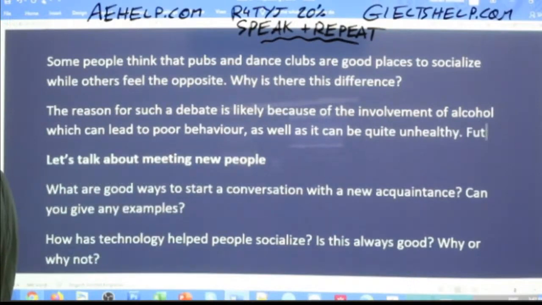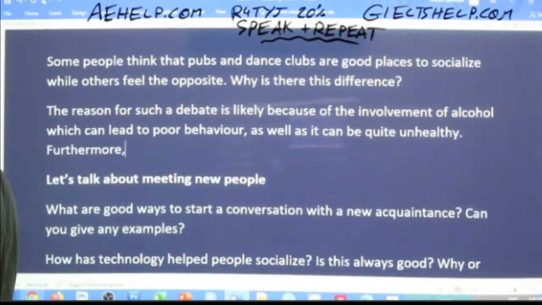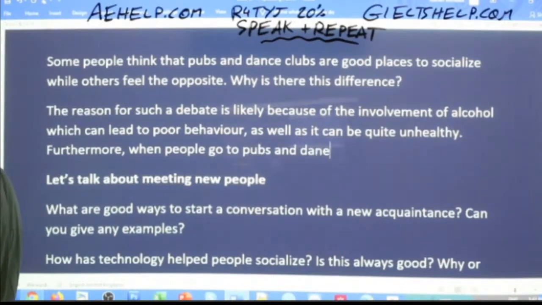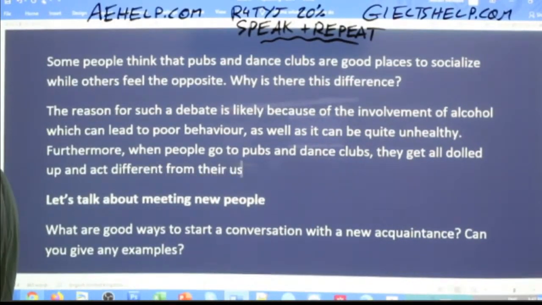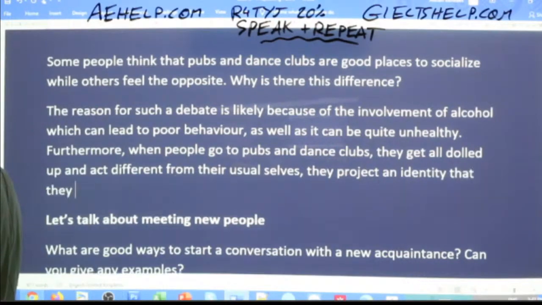Furthermore, and this was very clever, I can't remember who said it, but it was really clever. Furthermore, when people go to pubs and dance clubs, they get all dolled up and act different from their usual selves. They project an identity that they think others will favor.